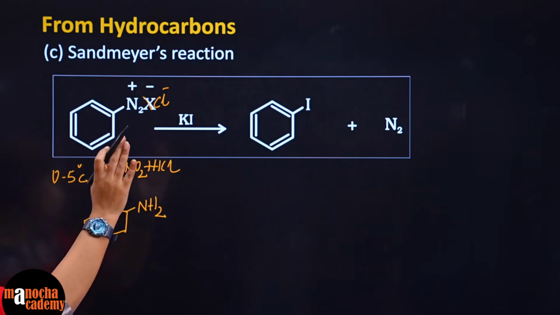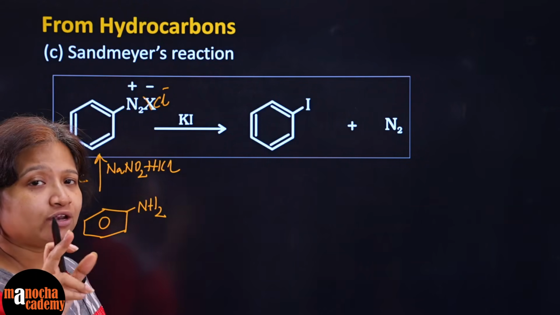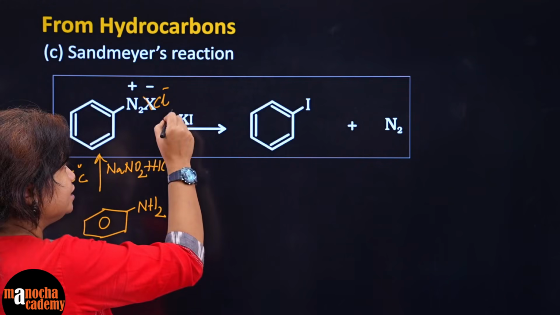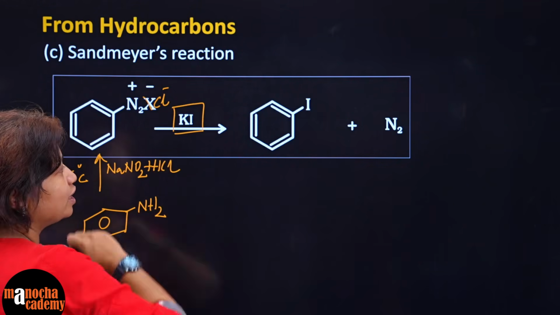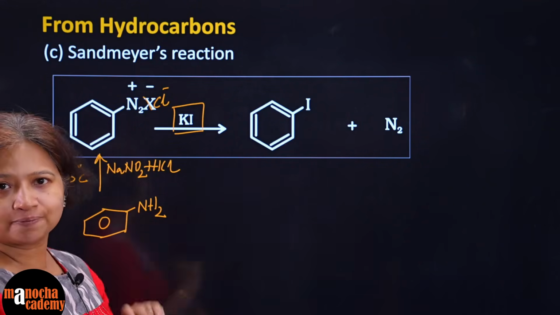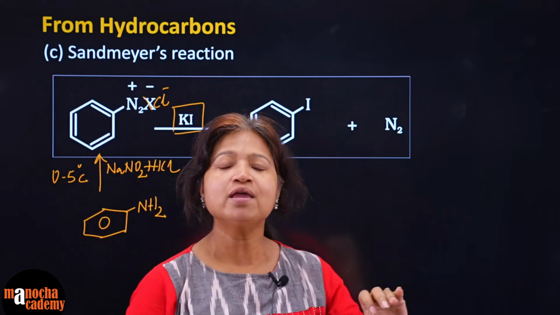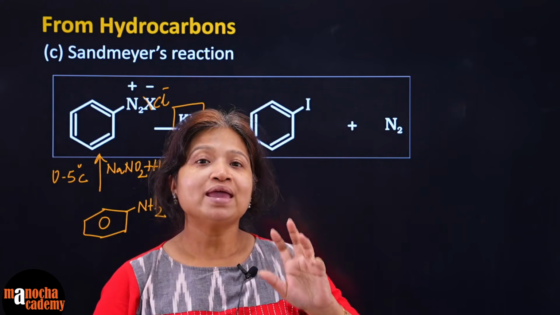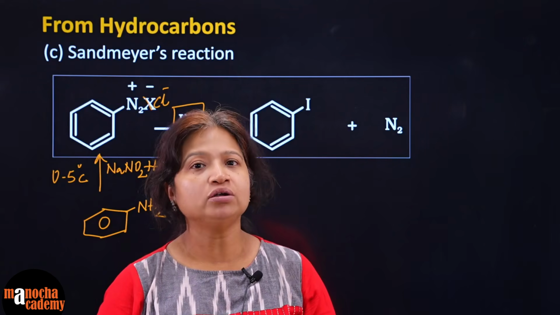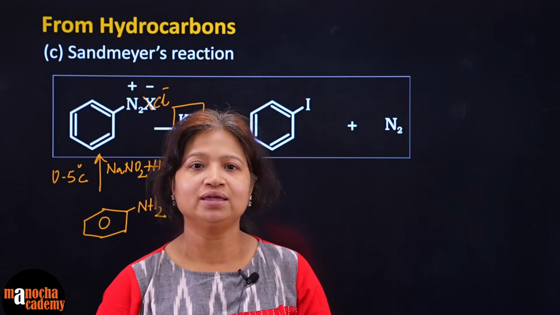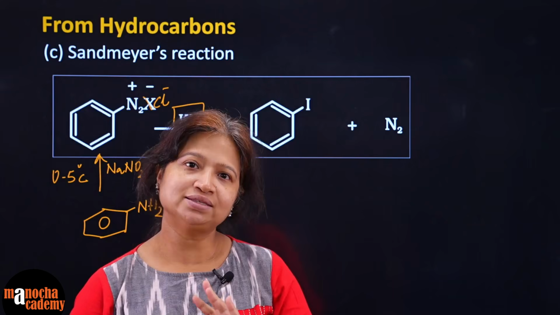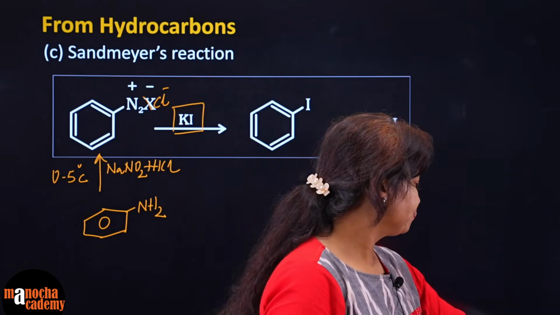To this diazonium chloride, not cuprous chloride or cuprous bromide, you add KI, potassium iodide, and you get iodobenzene. So this is also Sandmeyer. A Sandmeyer reaction is a reaction where we use a benzene diazonium salt, benzene diazonium chloride, for the reaction.